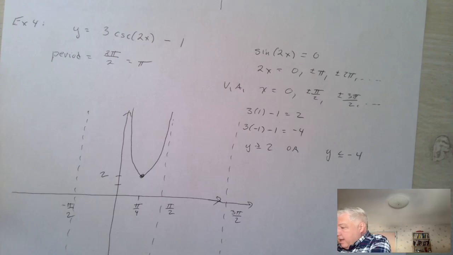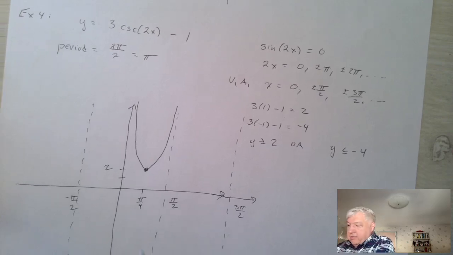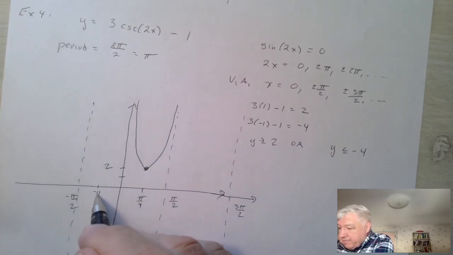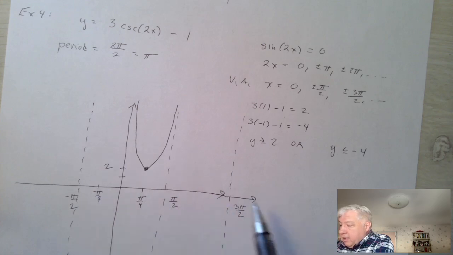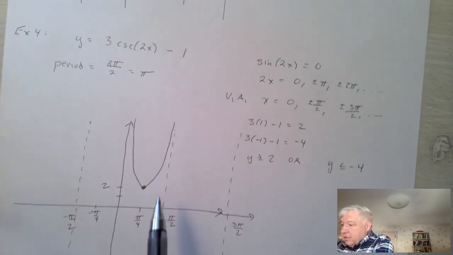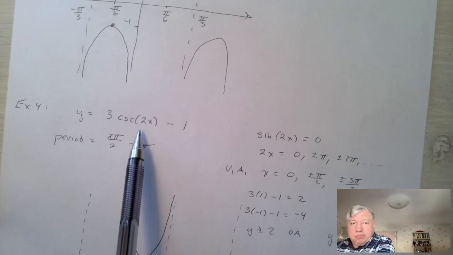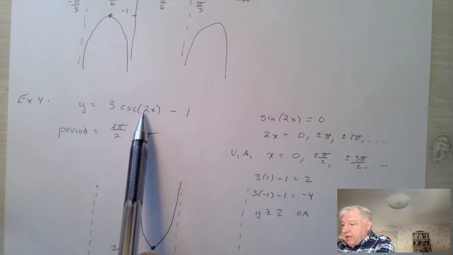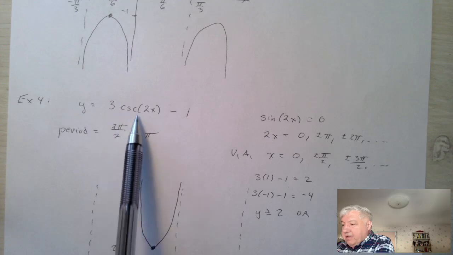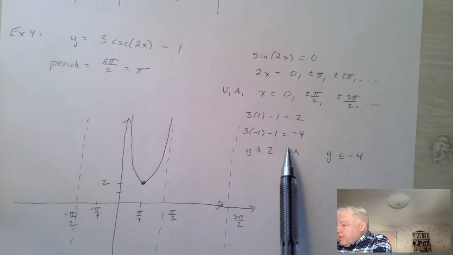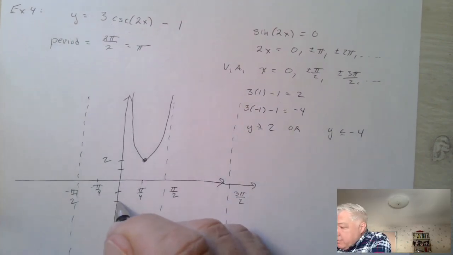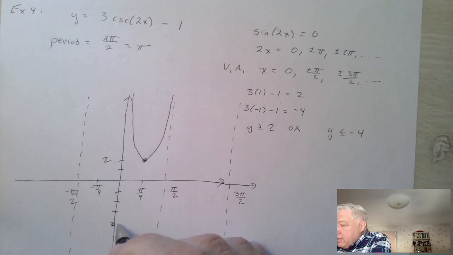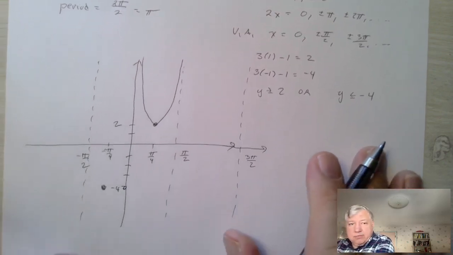Okay, and then let's go down here at negative pi over 4. We plug that in here, we get negative pi over 2. The cosecant of that will be negative 1. 3 times negative 1 minus 1 is negative 4. So there's negative 4, and the point will be right here.